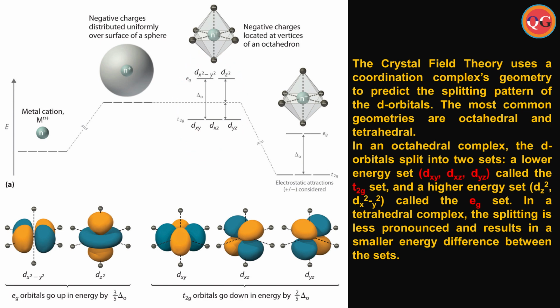In an octahedral field, the d orbitals split into two sets, eg, higher energy, t2g, lower energy. The energy difference between these split orbitals, delta, can influence the color of the transition metal complex and its stability.